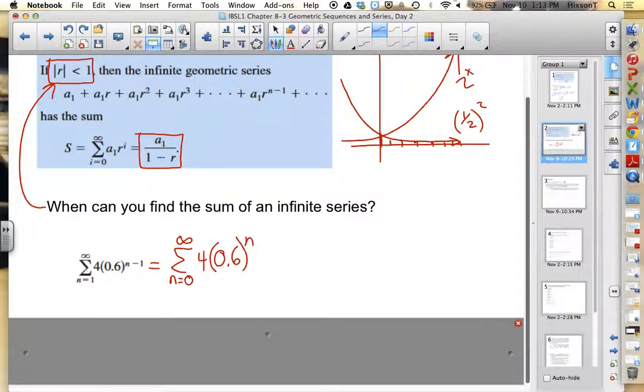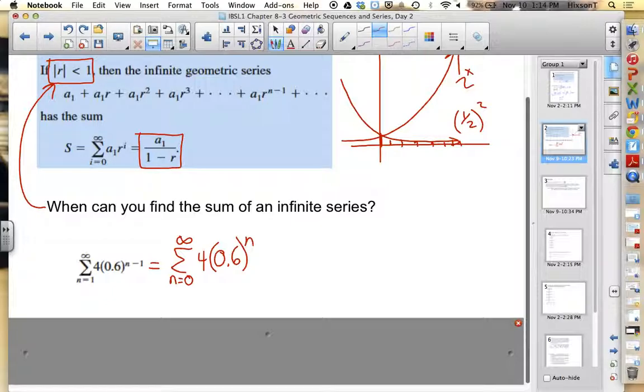If you wanted to rewrite it so it matches our formula exactly, you can, but it actually makes no difference mathematically. In an infinite series starting at zero, you always see the number multiplying r is a sub 1. Okay.